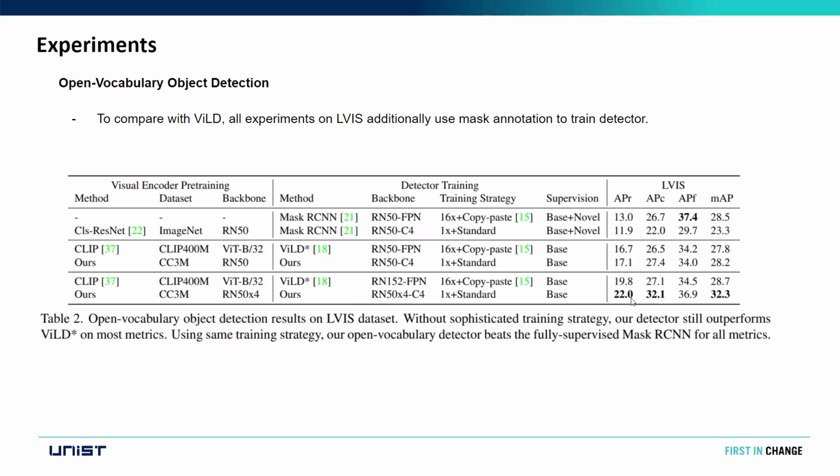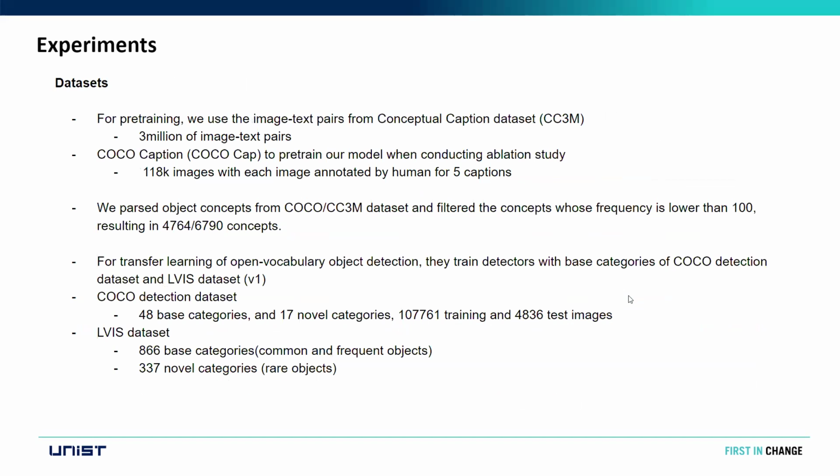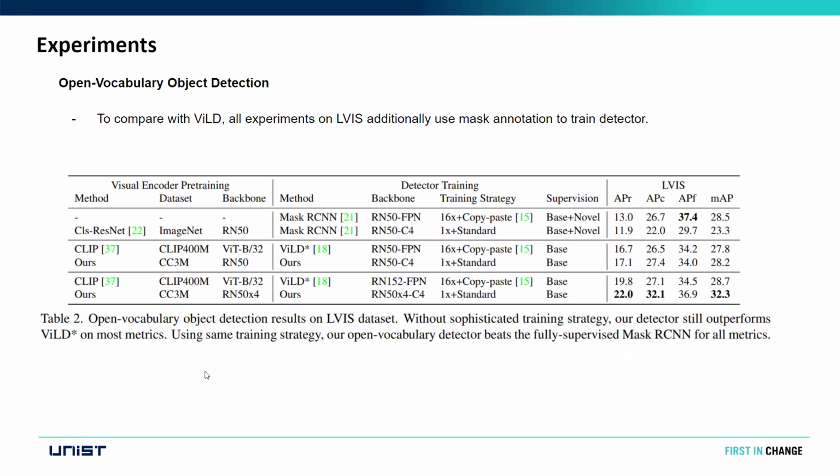So APr is the novel case, the cases that the model didn't see while training, and APc and APf are the categories that the model is trained on. So as we said, there are 866 base categories that the model will be trained on, and 377 novel categories. And as you can see, they achieve really good results on unseen categories.